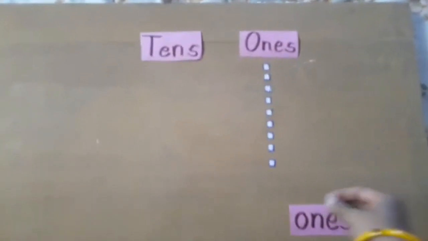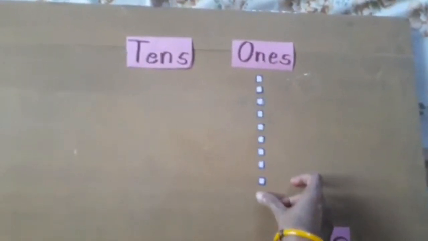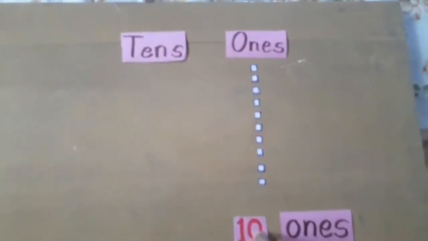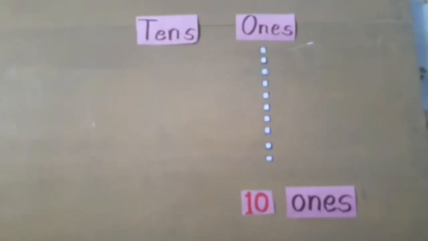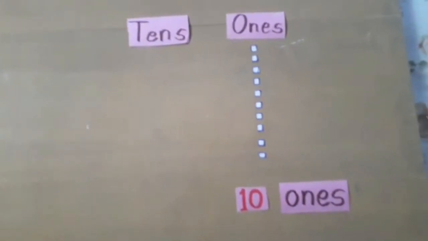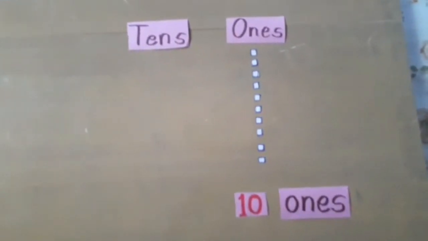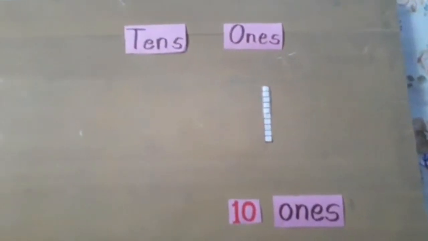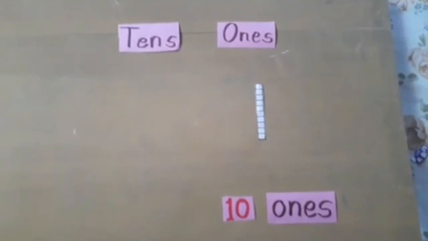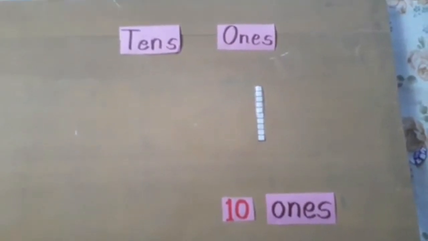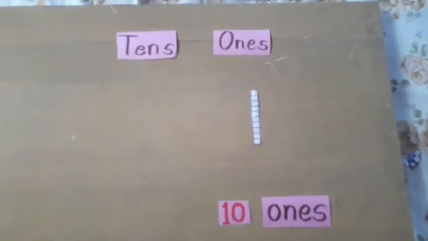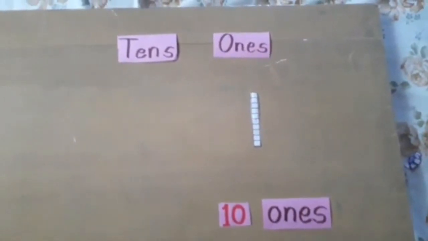When we add one more square to this, it will become 10 ones. And these 10 ones will convert into a strip. Then we tell it 10 ones. This 10 strip will shift to the tens column because 10 is a 2-digit number.